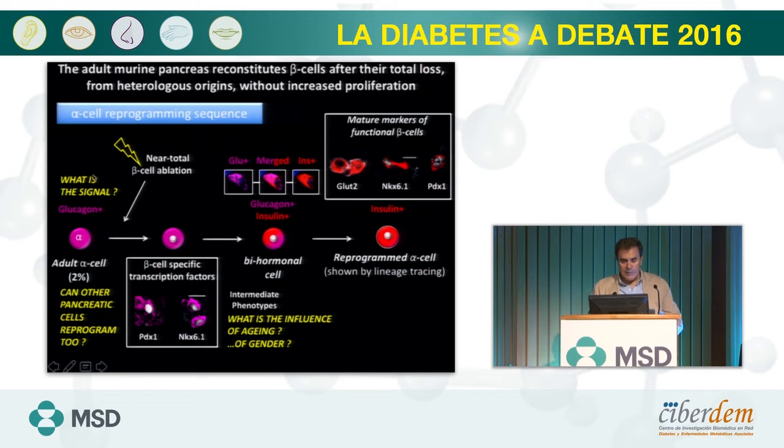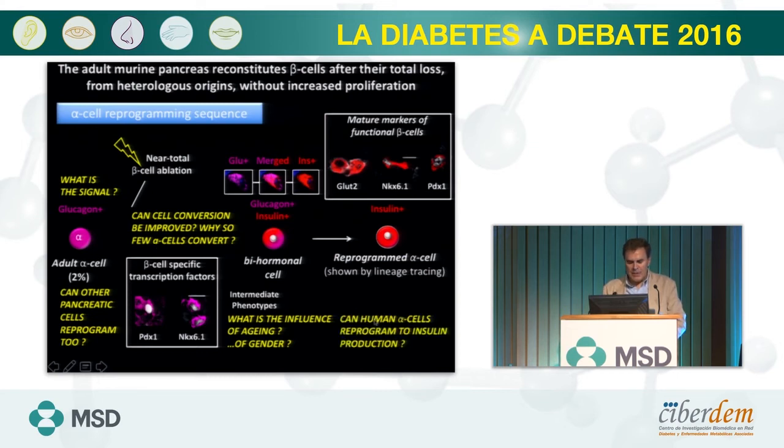We are also trying to determine the nature of the signals that make some alpha cells start making insulin. We try to understand why only so few alpha cells seem to be prone to become insulin producers. And of course, we want to determine whether human alpha cells can also do the same.